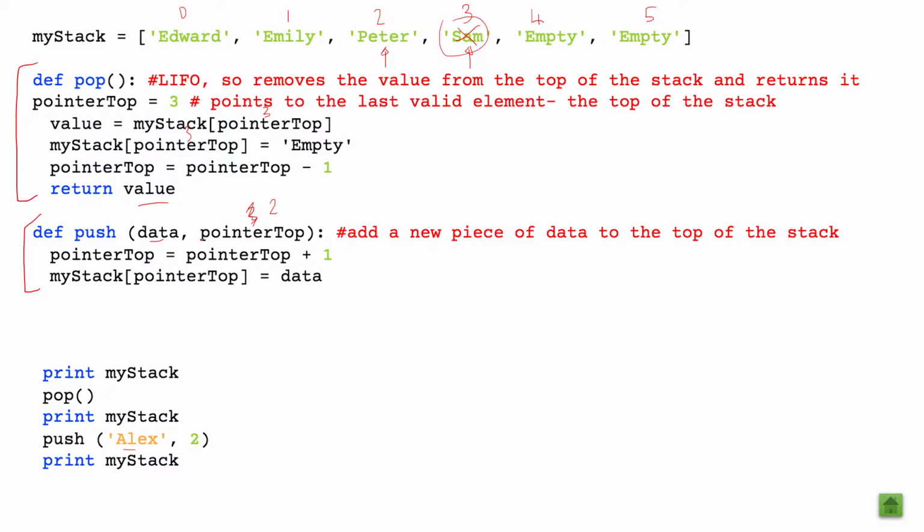So we push it on. So in order to push it on, we don't want to put it in Peter's position, so we have to increment the pointer first. That's why we do this stage here. Increment the pointer first, and then put the data in that position where it says empty. So you might get asked to pseudocode a pop and a push function.